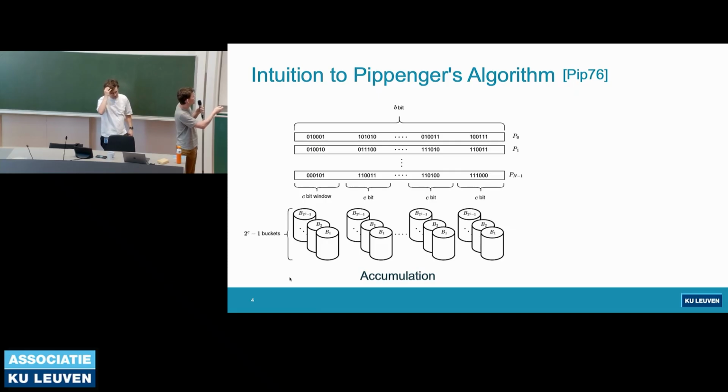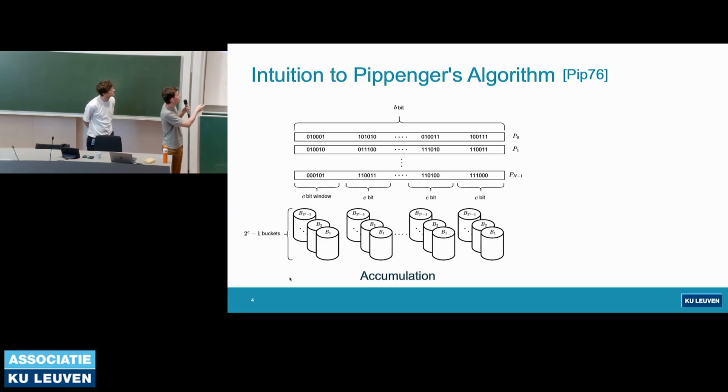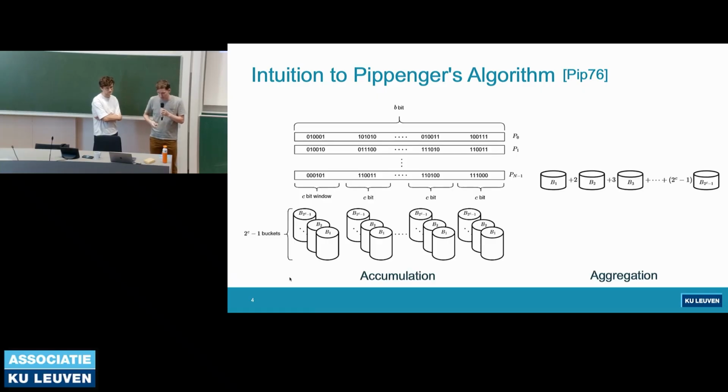This is a window: we put all of the points into one window, and then the points corresponding to the second set of subscalars into the second window, and so on. The second step then takes all of these windows separately and computes the aggregation on each of them in sequence.